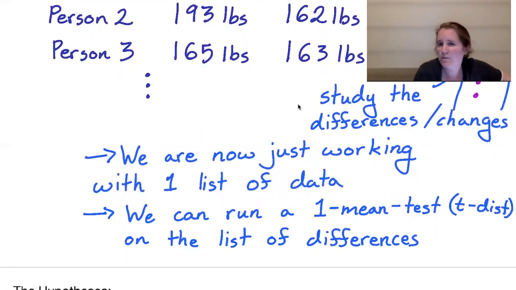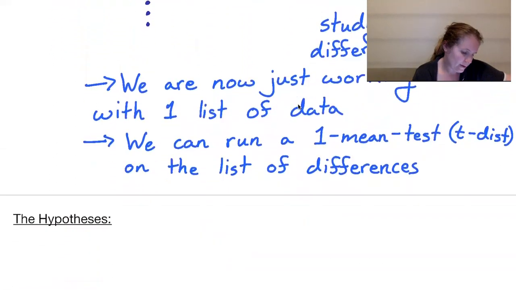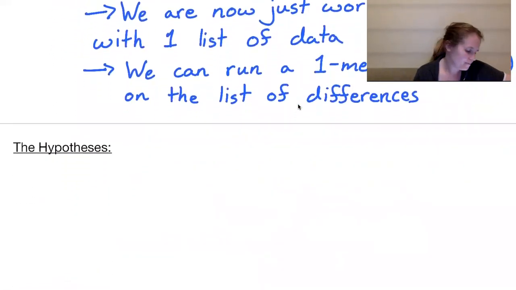So we would need to use some calculator to find the sample mean and sample standard deviation of that list. We would need to know our sample size, and then we can just run with a hypothesis test as we usually would.